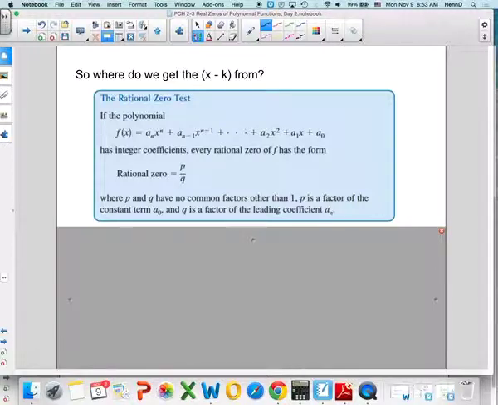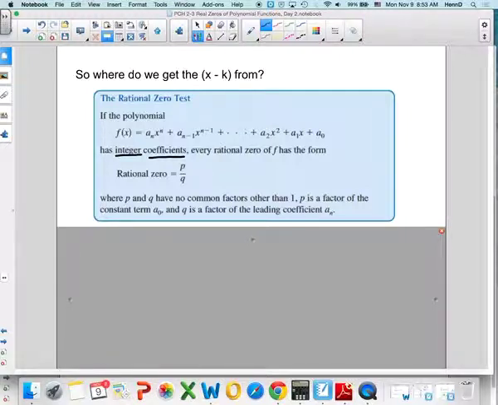If the polynomial, here's just some random polynomial, has integer coefficients. Notice that, that's one important thing: integer coefficients. So we're not talking about ones that have like 4/5 x to the 5th or something like that. It's got to have all integers.